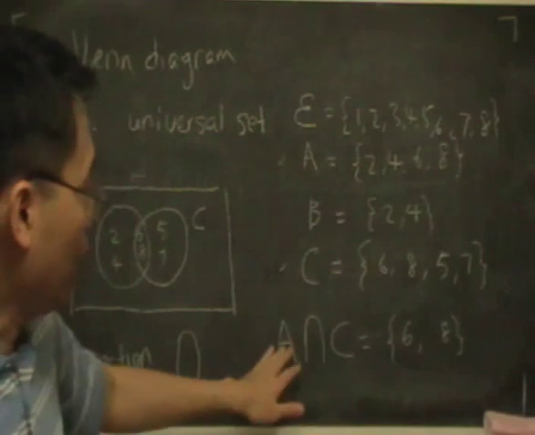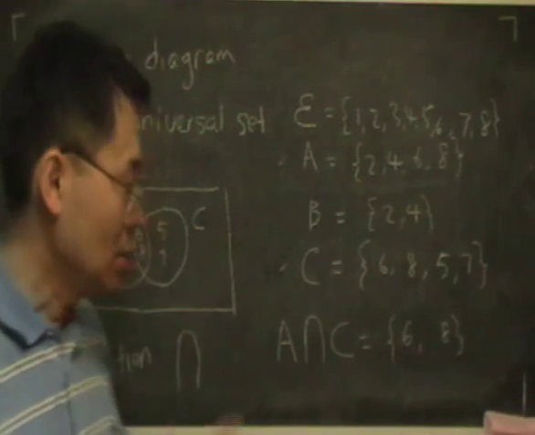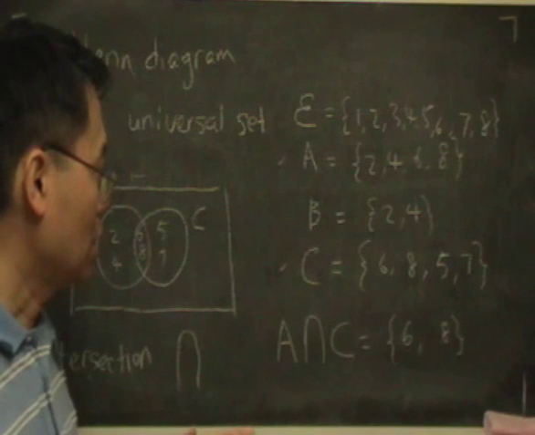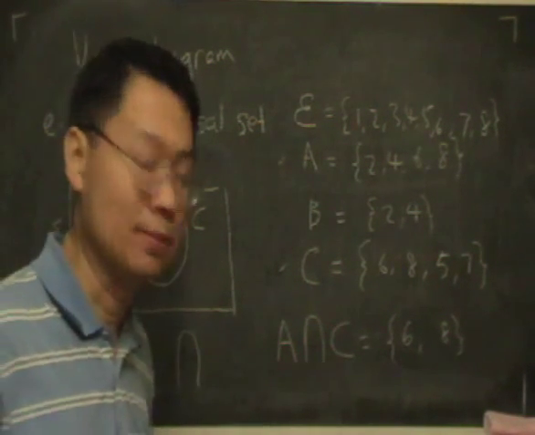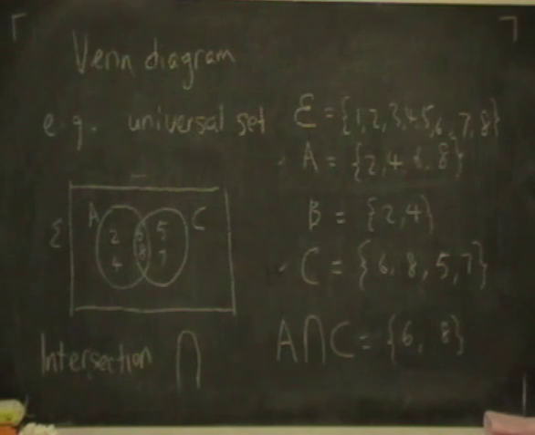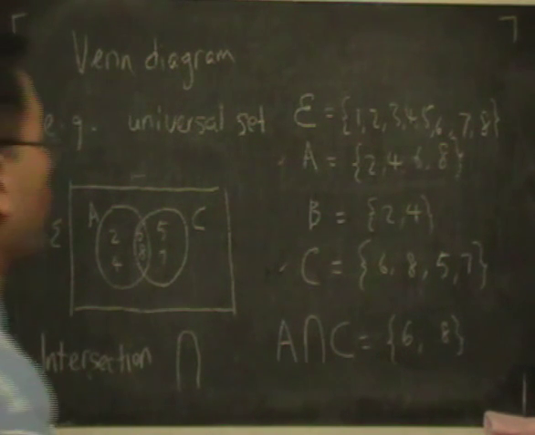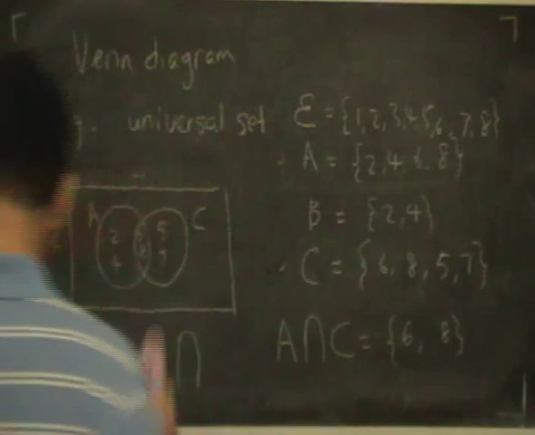So A intersect C is the set of elements that are present in both A and C. So that's intersection.